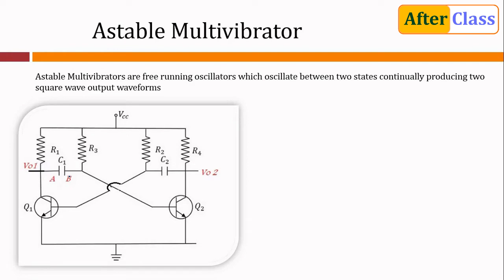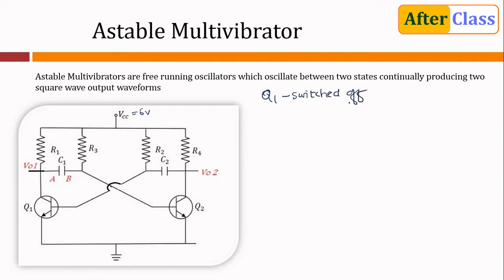Now let us try to understand the working of this circuit. Let us assume we are applying a voltage of 6 volts VCC, and the second assumption that we'll consider here is that transistor Q1 has switched off. So these are the assumptions to begin with.